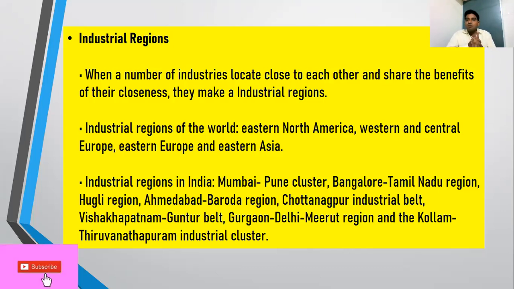We have them in the Mumbai-Pune cluster, Bangalore, Tamil Nadu region, Hooghly region, Ahmedabad-Baroda region, Chota Nagpur industrial belt, Visakhapatnam-Guntur belt, Gurgaon, Delhi, Meerut, and lastly the Kollam-Thiruvananthapuram industrial cluster. So an industrial region is nothing but the location of many industries close to each other in a given area.